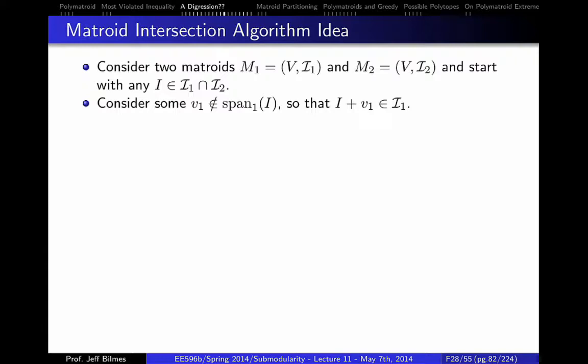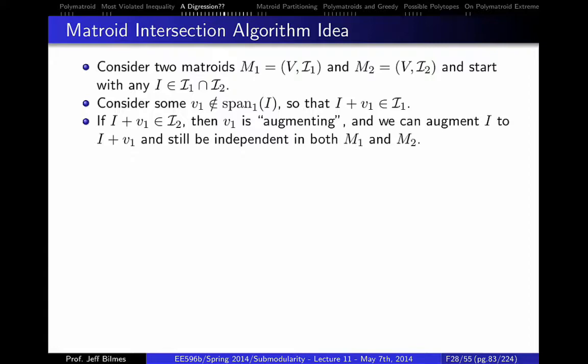Right? And if we choose some v1 that's not in the span, then when we add it to I, we have not lost independence in the first matroid. Why? Because we're not in the span. The span is basically everything that when you add it to the current set doesn't increase the rank. And not in the span means that the rank is increased by 1, and so therefore we're independent.